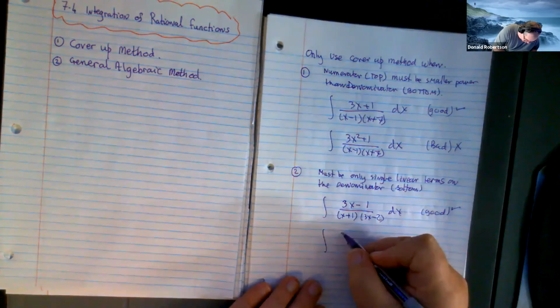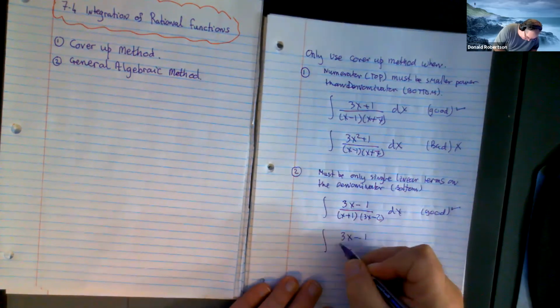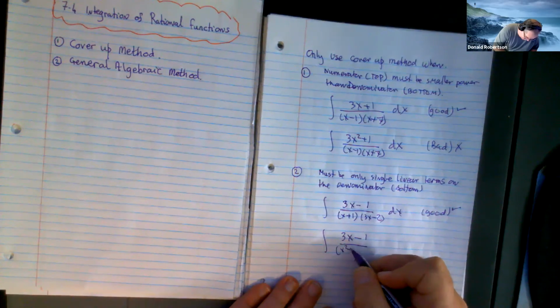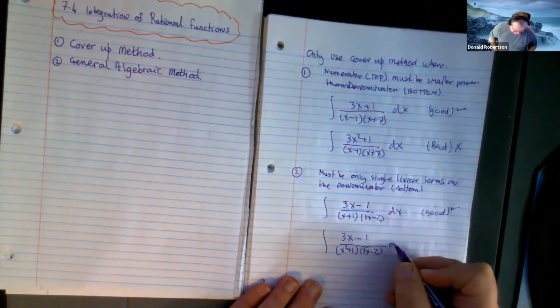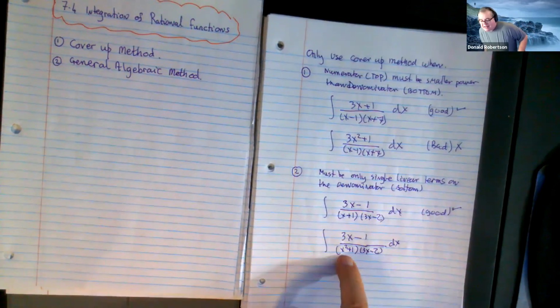Here are two examples of bad guys. Do you notice that guy's not x, it's x squared? Do you see it's not linear anymore? Can't use the cover-up method.